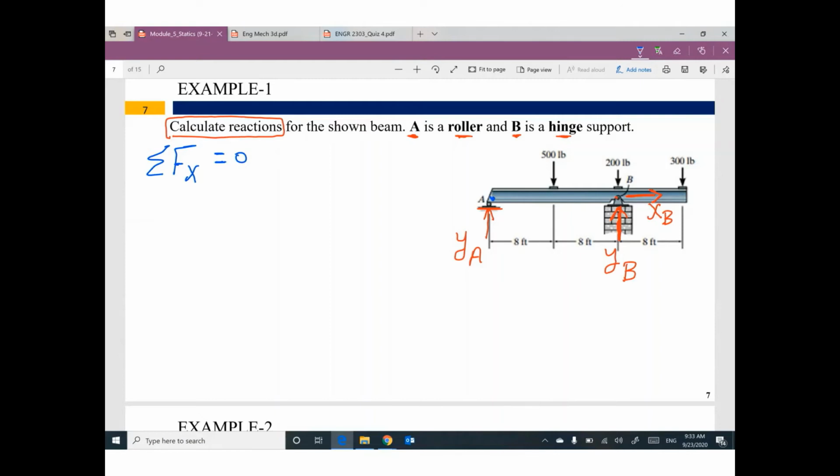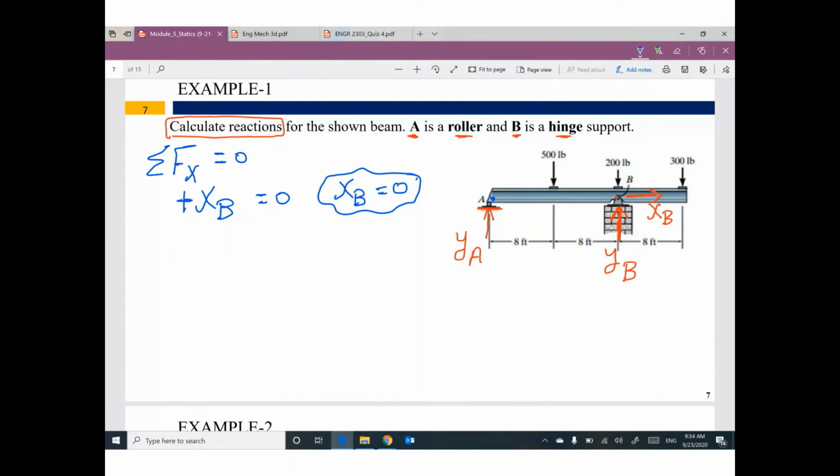I believe we have positive XB. Anything else? Are you sure? I'm sure. Nothing else. Okay. Positive XB equals 0. That means the reaction XB is 0. Keep going.